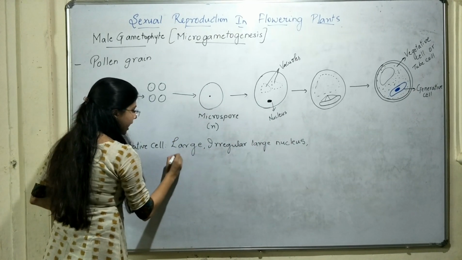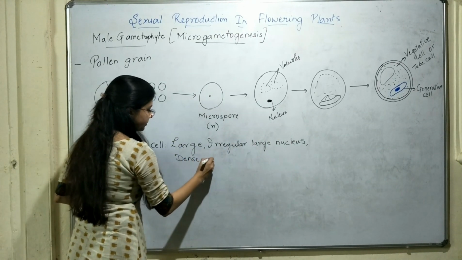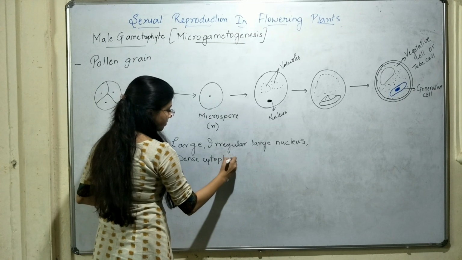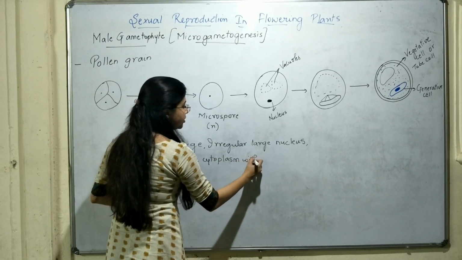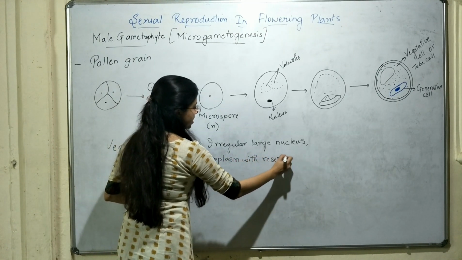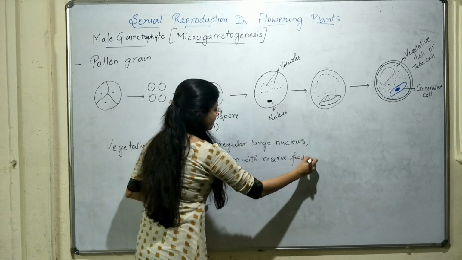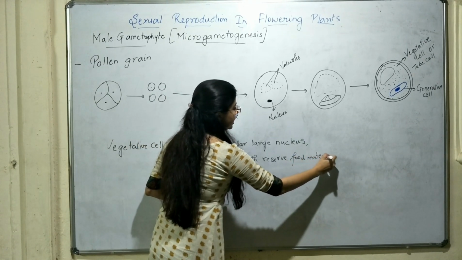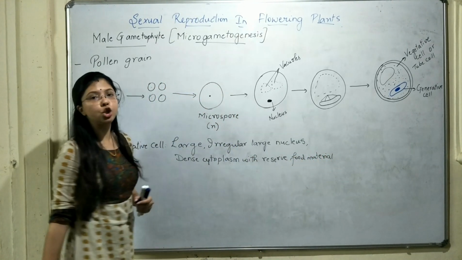Apart from that, it has dense cytoplasm with reserve food material present in it. As I said, the other name for this vegetative cell is the tube cell.